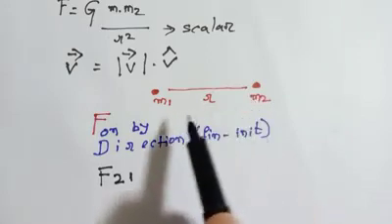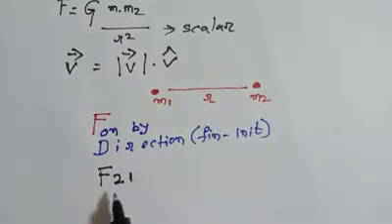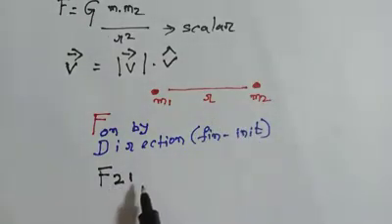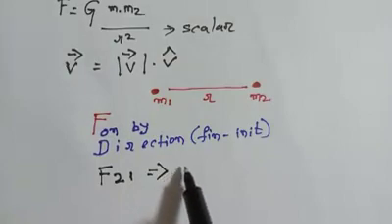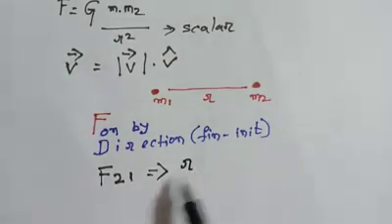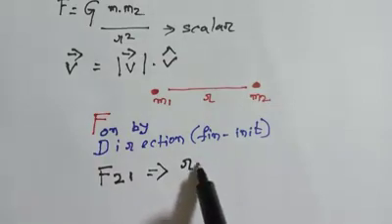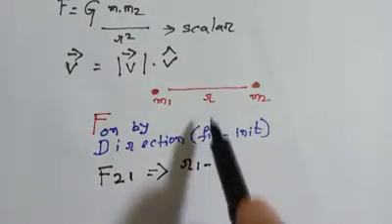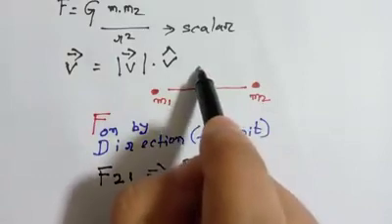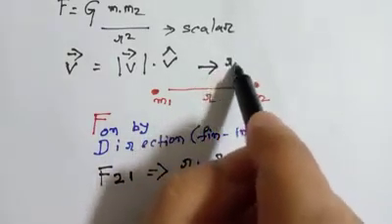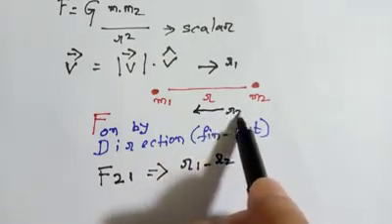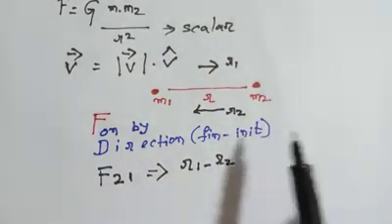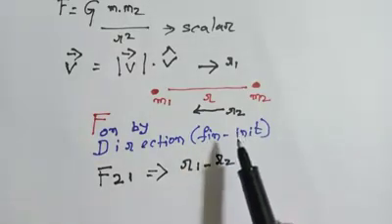So for force F21, the direction would be r, and if I take 21, it would be r1 minus r2. I put this part as r1 and this part as r2, just to represent. This is not the final. We will be coming to the final part again.